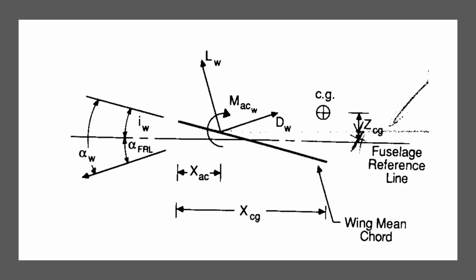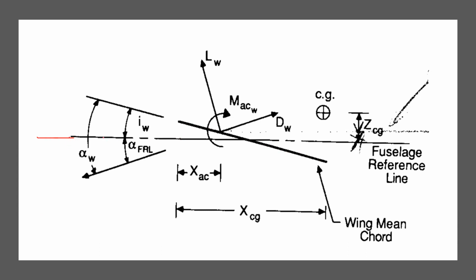Now in this picture, we are going to derive the contribution of wing to longitudinal stability. What you see is the flat line in bold, this line. This is an aircraft wing, okay, and this line is the fuselage reference line.